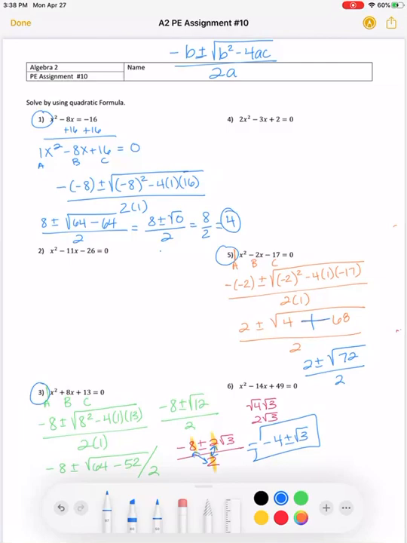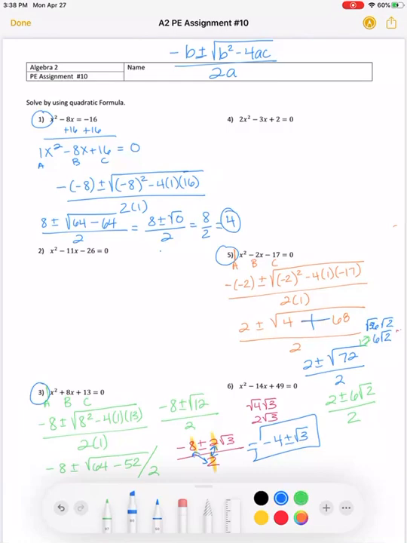It's got a couple of perfect squares in it, actually. 72 has the largest perfect square, which breaks into that, is 36 times 2, which simplifies to 6 radical 2. So when you clean that up, again, I'm actually going to change it out of blue so you don't mix it up with the one below it here. You get 2 plus or minus 6 radical 2, because those guys are the same, all over 2.